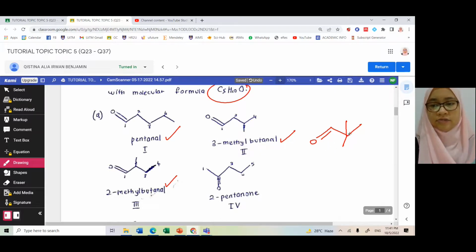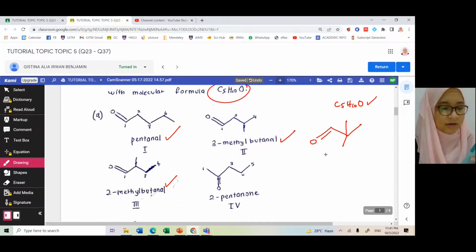So 1, 2, 3, 1, 2, 3, 4, 5. It has 5 carbons, and for hydrogen we have 1, 4, 7 plus 3, 10. We have 10 hydrogens and 1 oxygen, so it satisfies the chemical formula.